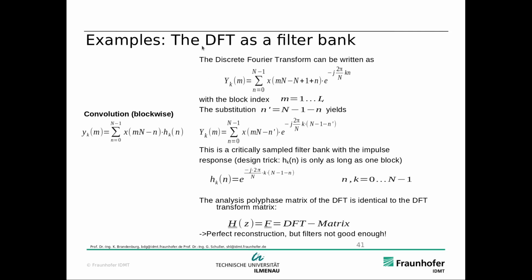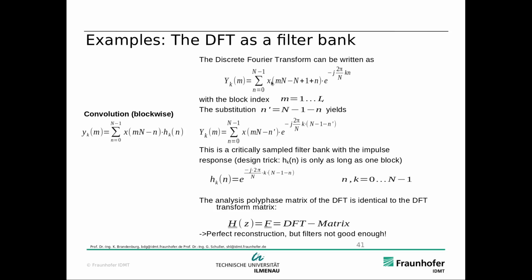This is, for instance, the case for the DFT, the discrete Fourier transform. This Fourier transform can be written as this sum here, which is actually the definition of the Fourier transform. We take some signal block of length N, multiplied with this Fourier transform kernel, and then we obtain our subband k. And m here would be our block index.